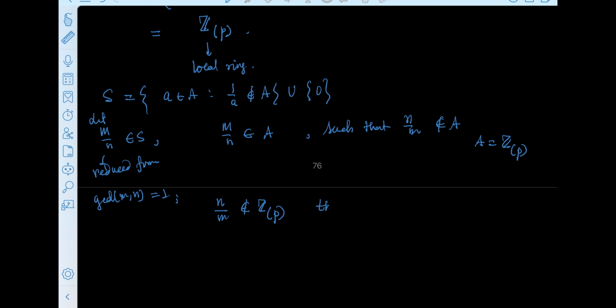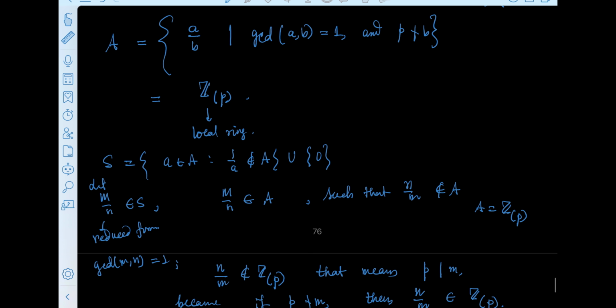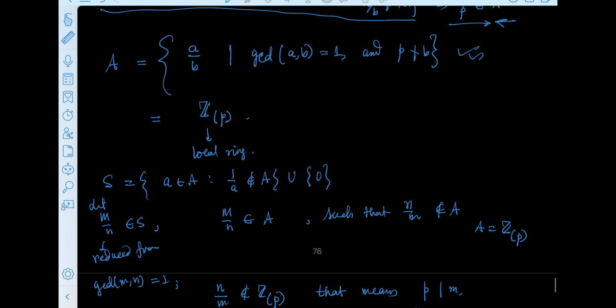That means P divides M. Because if P does not divide M, then N by M is inside Z localized at P by the definition, right?